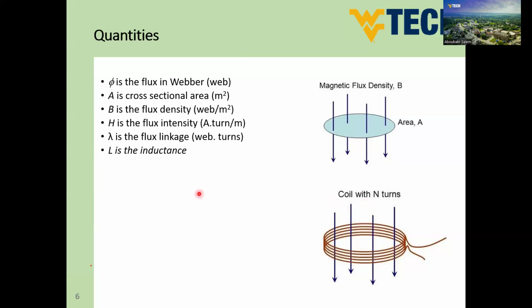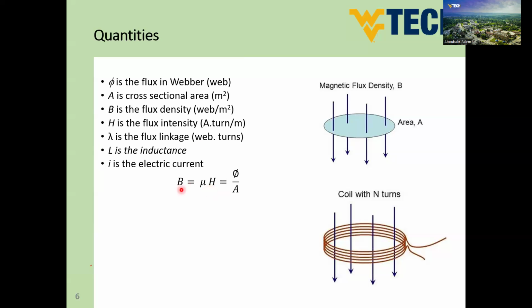What is the relation between inductance and the others? We will learn all of these relations in our session. For sure, the current is what will produce the flux in this circuit, so we should have electrical current here. What is the relation? The first relation we need to know is the relation between the flux density and the flux intensity.